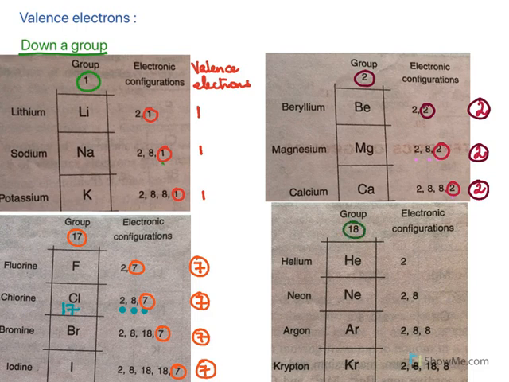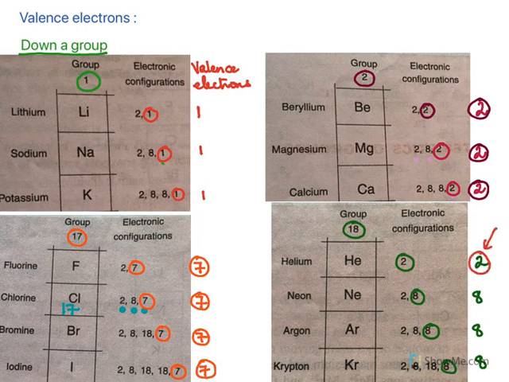Now for group 18, which is the last group, helium, valence electrons 2, neon, electronic configuration 2, 8, valence electrons 8, argon 2, 8, 8, valence electrons 8, all have got valence electrons 8, except helium, that has got valence electrons 2.